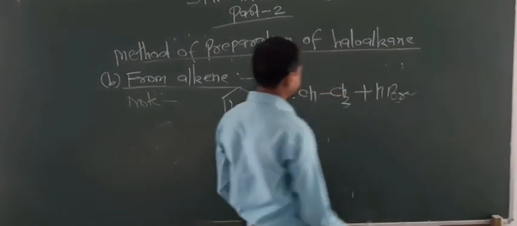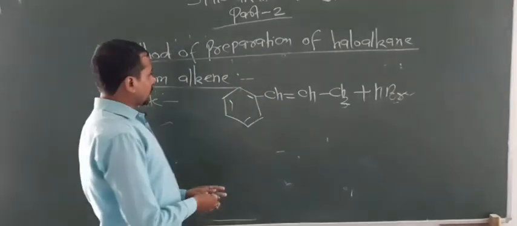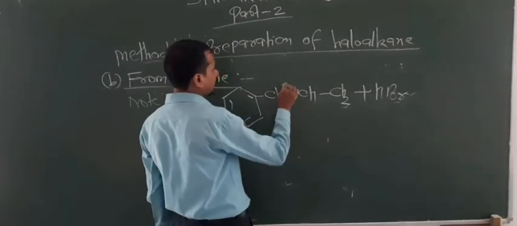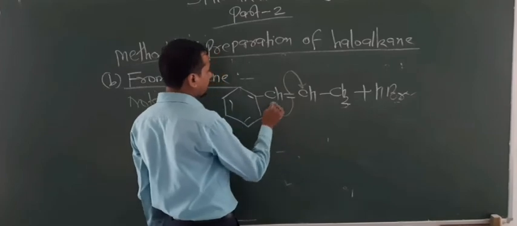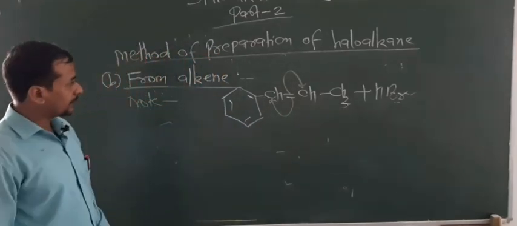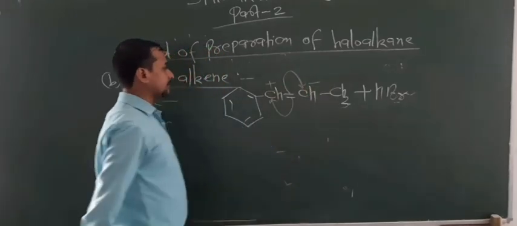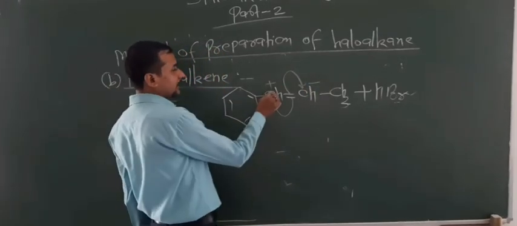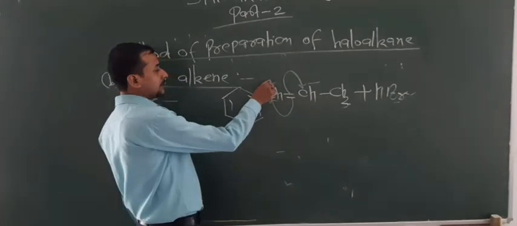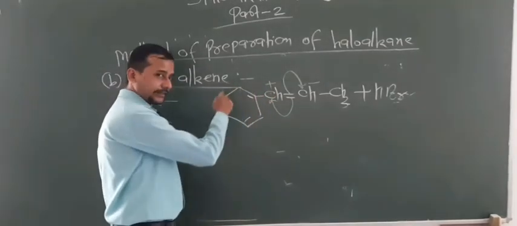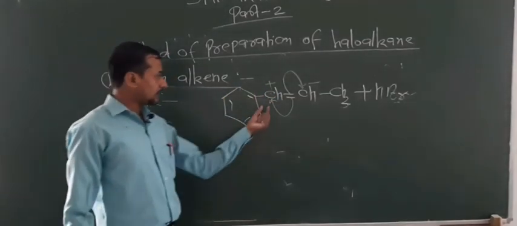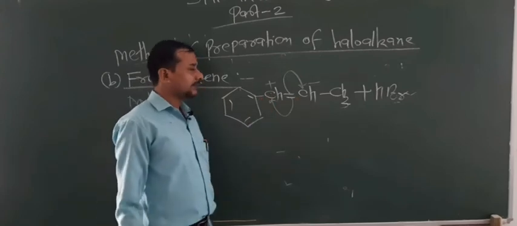What happens here? Look here, dear students. This bond can move either this side or this side. If the bond moves this side, we get a negative and a positive charge. Now look at the conditions here. This positive charge is delocalized in the benzene ring. So now this is more stable than this.